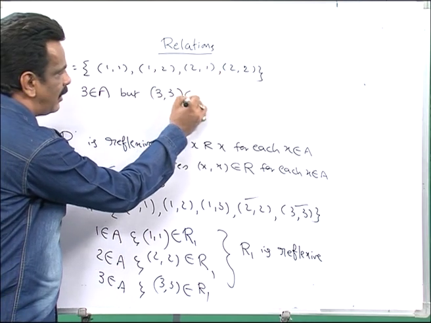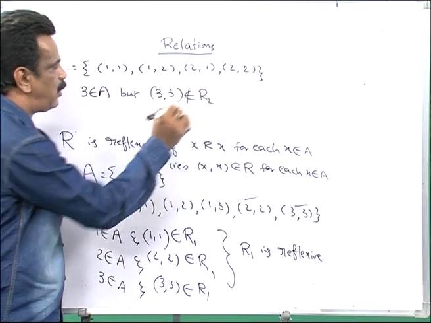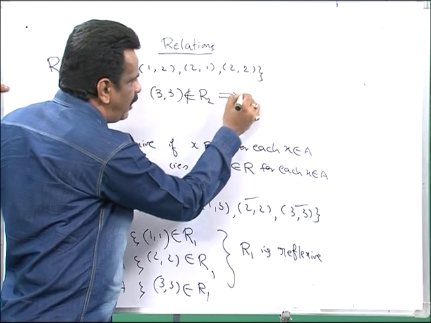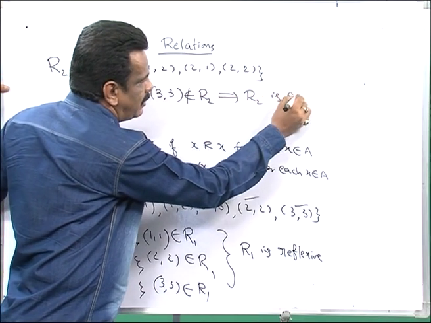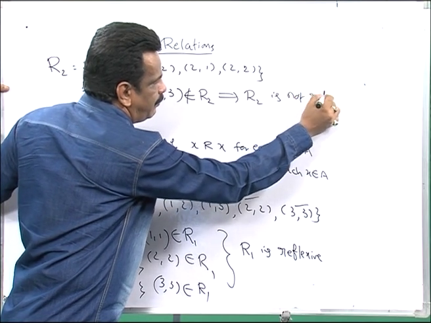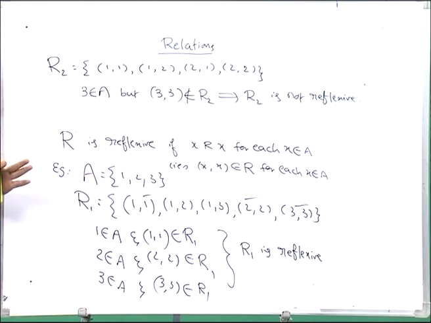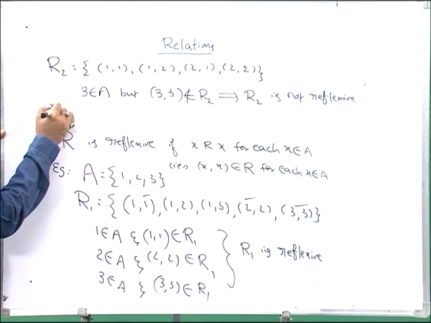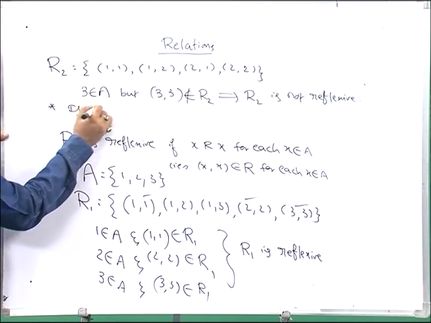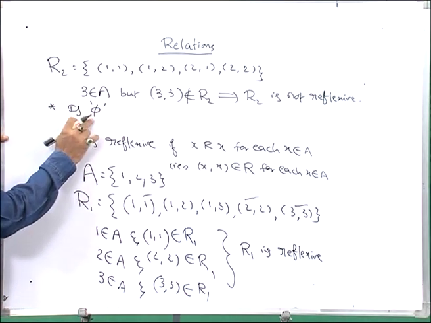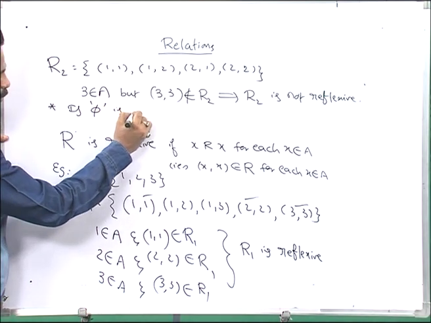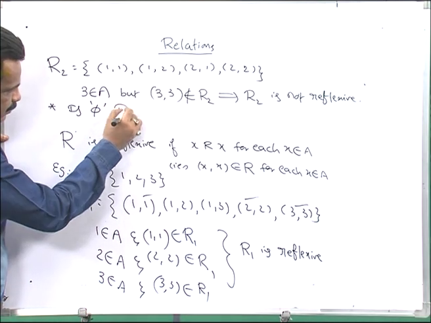It is not an element of R2, and hence R2 is not reflexive. Like that we can identify whether a relation is reflexive or not. In particular, for this set, is phi, the null relation or void relation, reflexive?